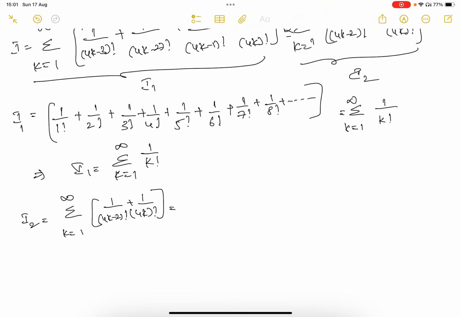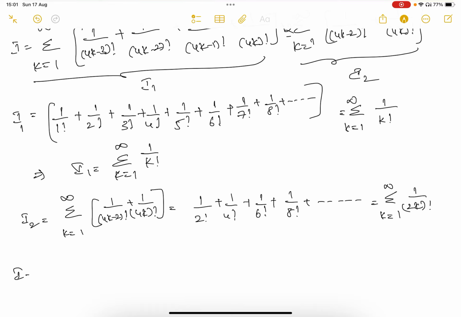When k equal to 1, this will be 4 minus 2, 2 factorial plus 1 by 4 factorial. When k equal to 2, it will be 8 minus 2, 6 factorial, plus 1 by 8 factorial and so on. As you can see here, the factorials are even terms, right? So it can be written as 1 by 2k factorial, and summation k starts from 1 to infinity, right?